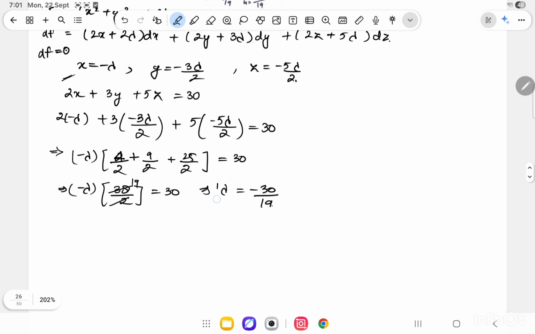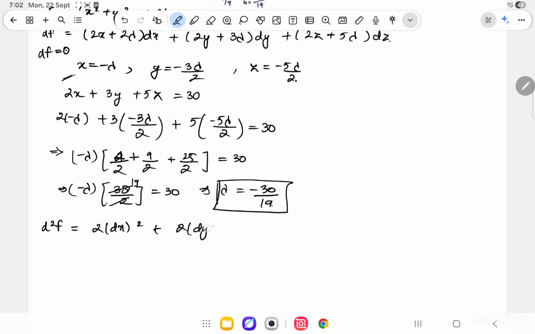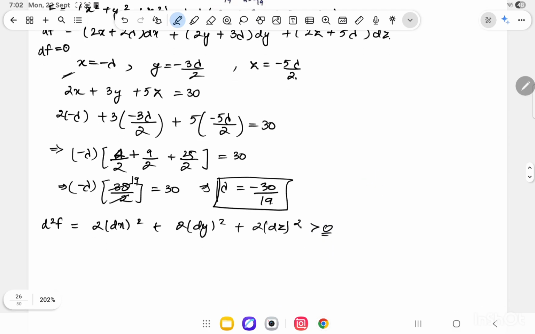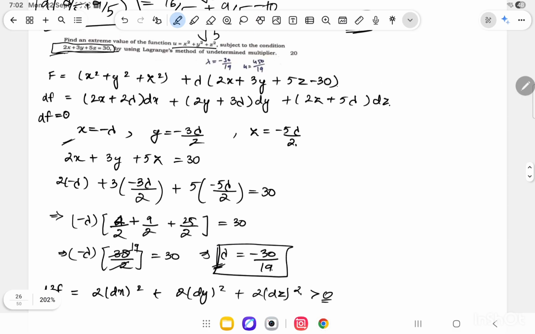So this is the value of lambda. Now if I calculate del square f, that will be 2 times dx square plus 2 times dy square plus 2 times dz square, which is greater than 0 for all x, y and z. So it will be greater than 0 for x, y, z where lambda is this.